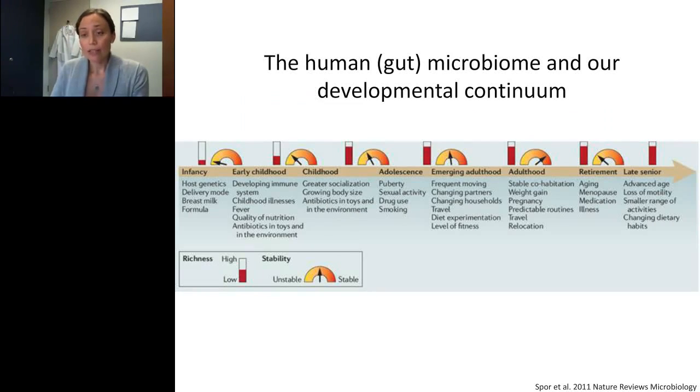So as we think about the human microbiome and the developmental continuum, we're seeing mounting evidence from both human studies and animal models suggesting the importance of the microbiome during early life.